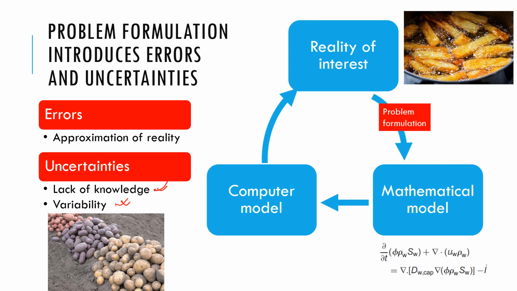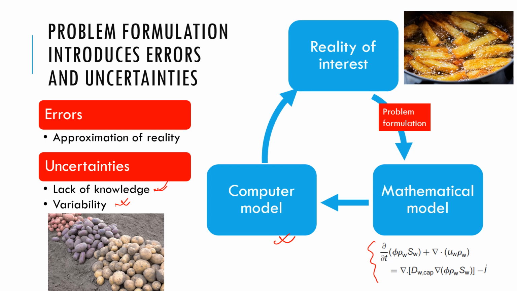The errors that we make and the uncertainties that we introduce in the problem formulation stay with us till the end. It is very important to see that by solving these equations exactly, even if we could possibly do that, we would still not get rid of these errors and uncertainties.